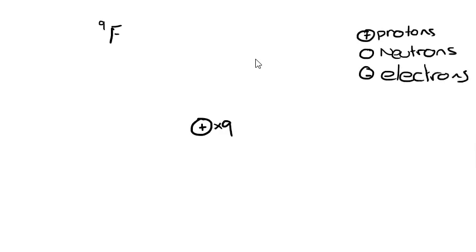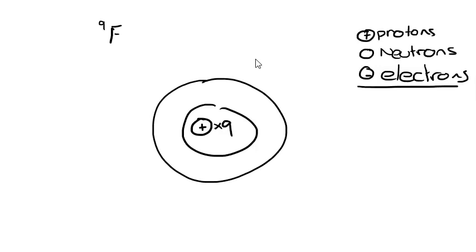In this atom, there's going to be some neutrons inside the nucleus as well, but we don't actually need to worry about those. They're going to be approximately the same amount of neutrons as protons. Okay, and then around the outside, we're going to have our electrons. When an element is in its atomic form, it's going to have the same number of electrons as it does protons. So for this fluorine atom, we're going to have 9 electrons.